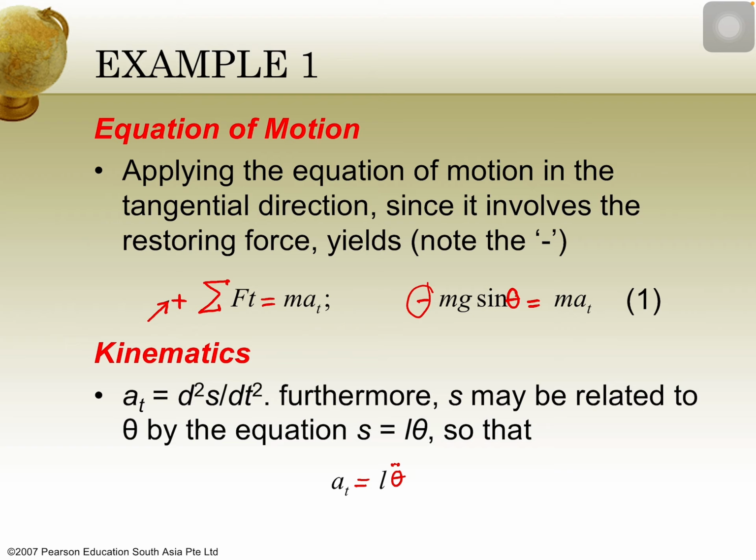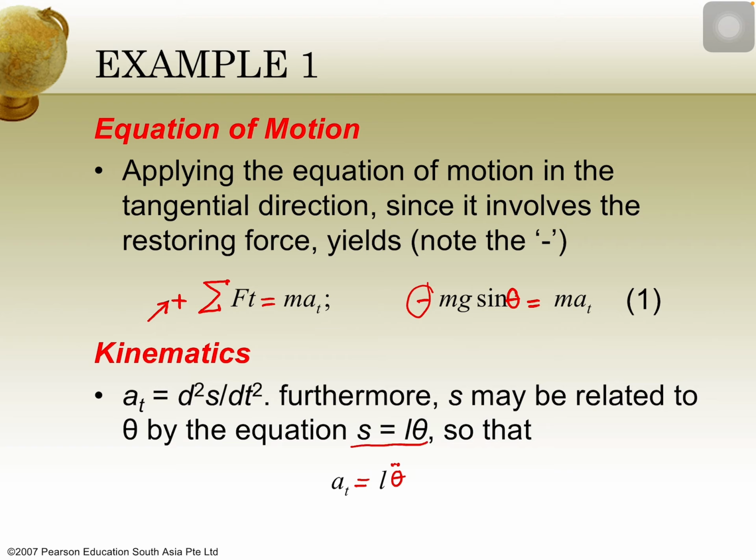We know that the acceleration is equal to the second order of the displacement, which is double. We need to differentiate displacement twice to get the acceleration, and S may be related to theta by this equation.